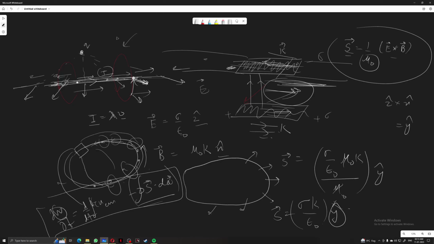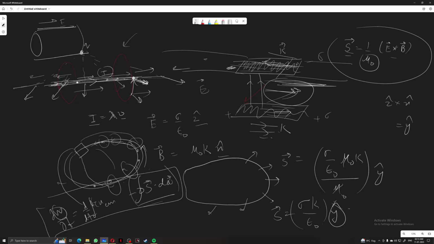You can actually do the analysis for a wire. So if you have, let's say, a wire and there is a constant electric field in this direction, you have a big wire, right? And you talk about what the magnetic field is inside this wire. You can calculate that magnetic field using Ampere's circuital law.